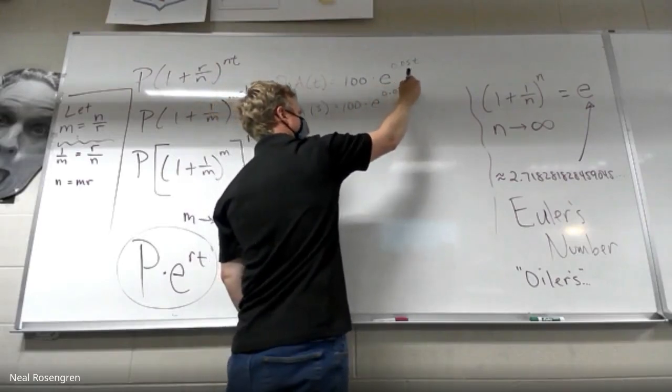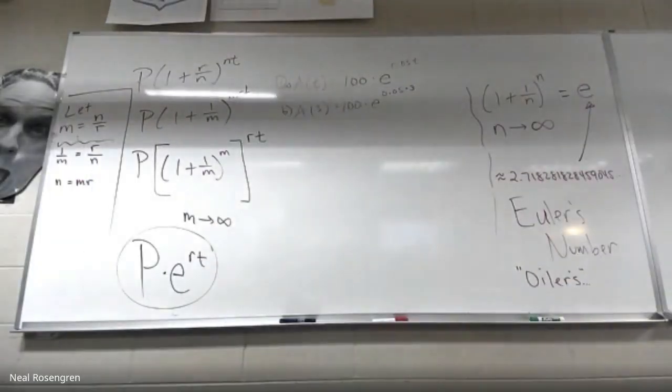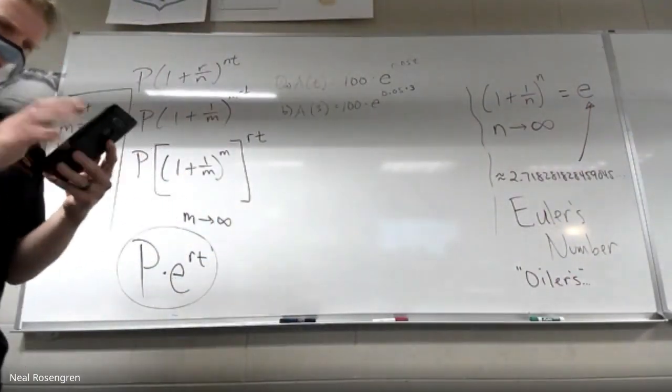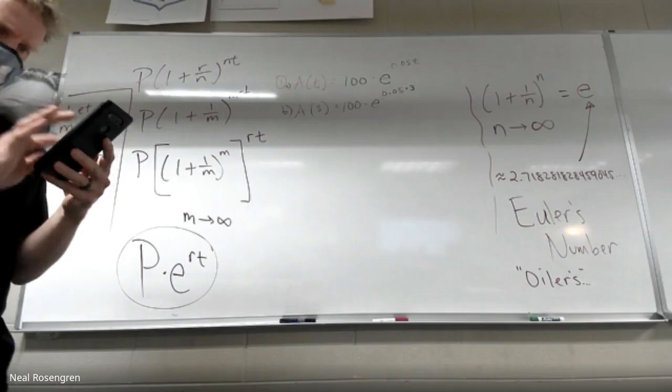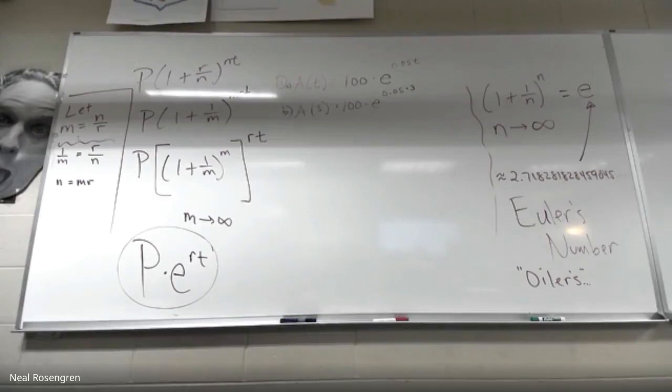0.05 times 3. Calculate. If you're on a TI-84, you have a better shot at getting this right. If you're on your regular phone calculator, I don't know where E is. You might be able to find it, but that's kind of a next-level one.